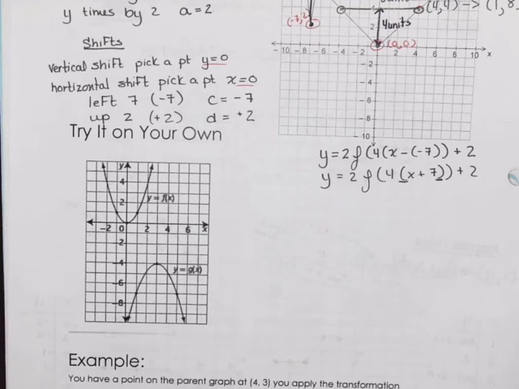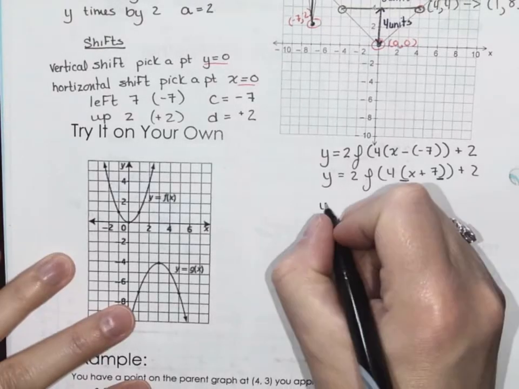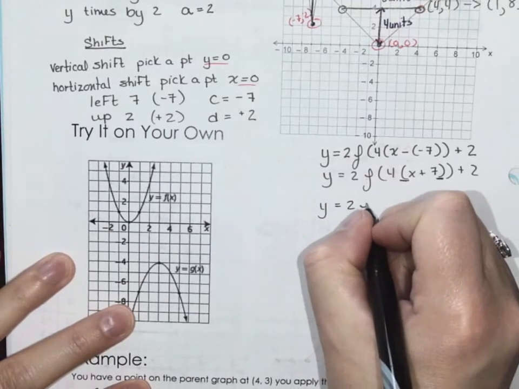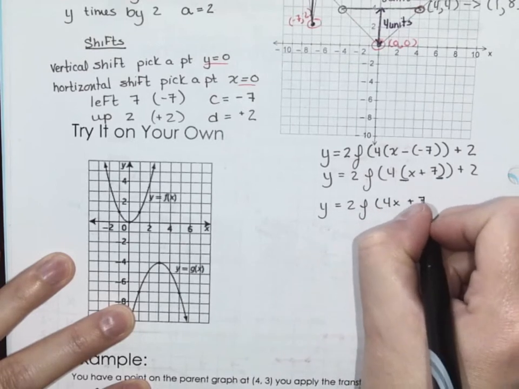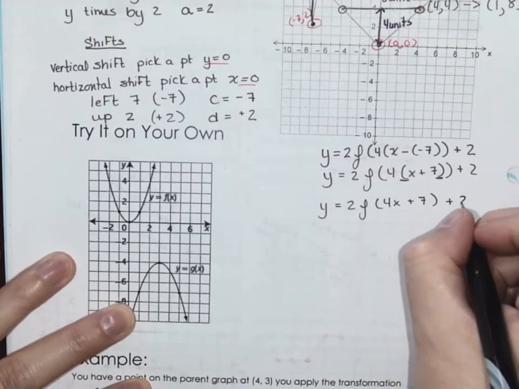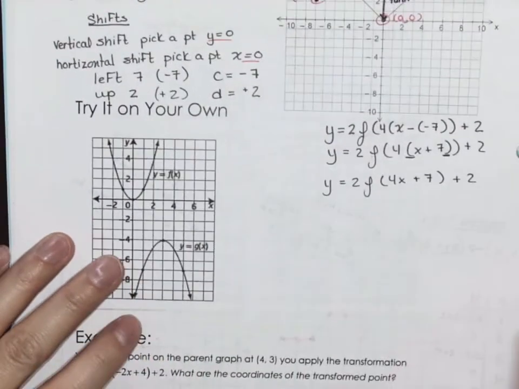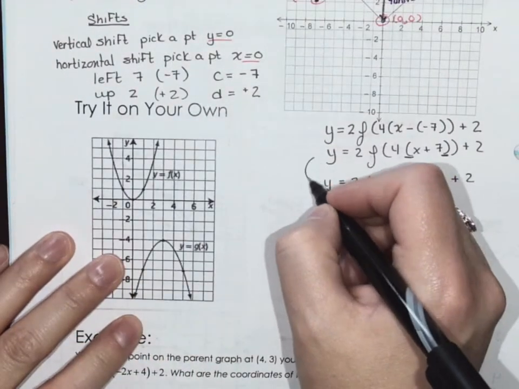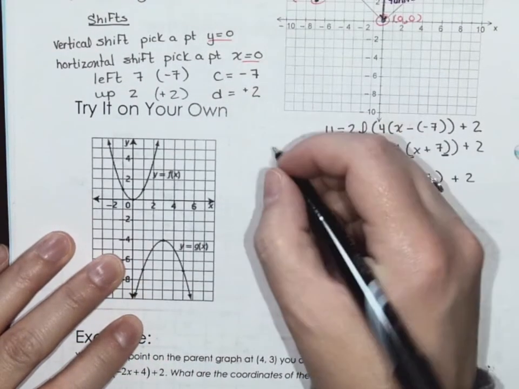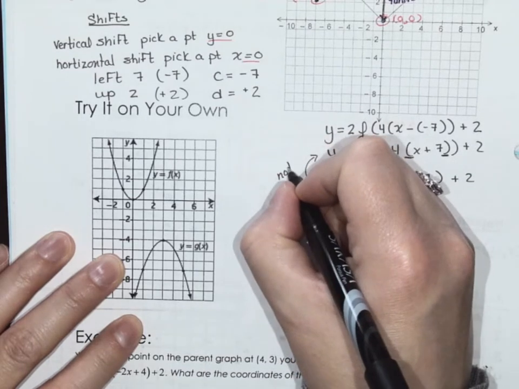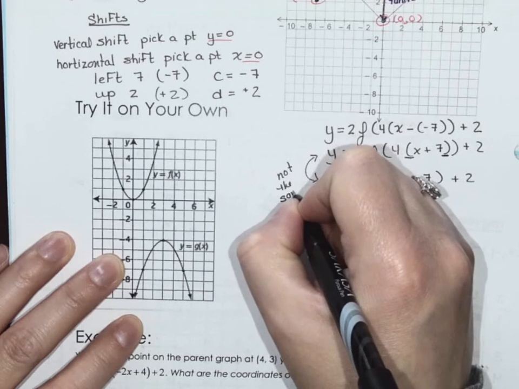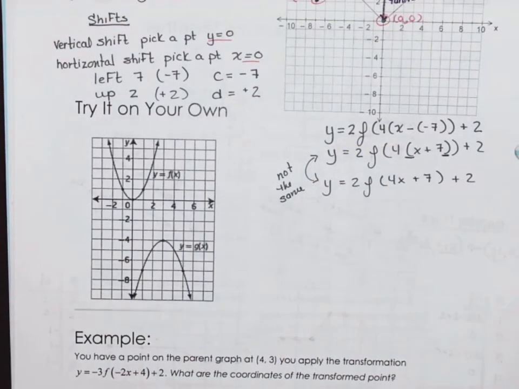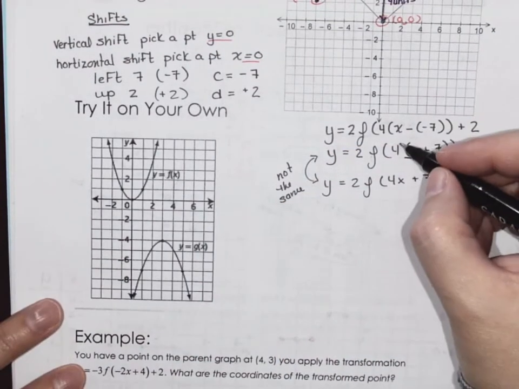Okay, so a couple of quick things here. If you don't have these inner brackets, you're going to have to common factor to get that B value out for you to see it. Does that make sense to everybody? Like if I gave you y equals 2f bracket 4x plus 7, plus 2, these are not the same thing.